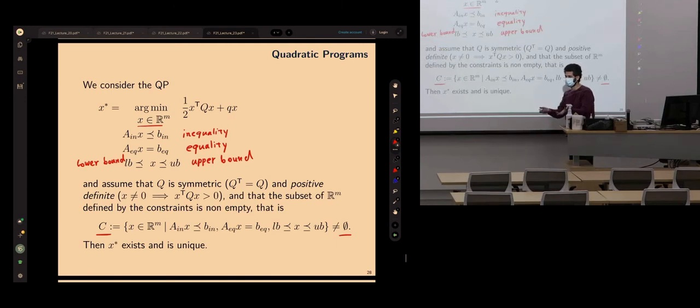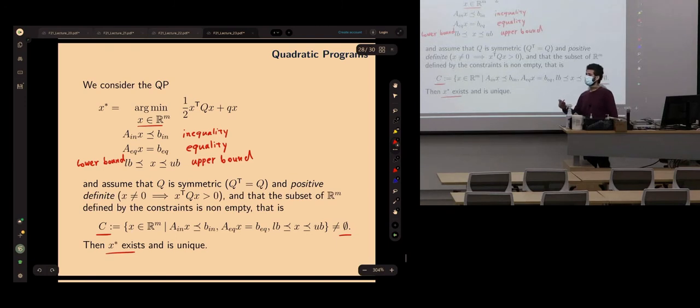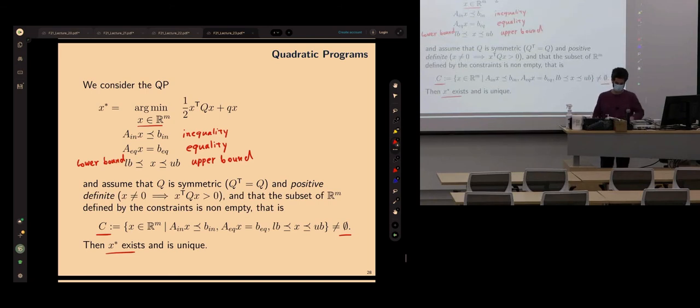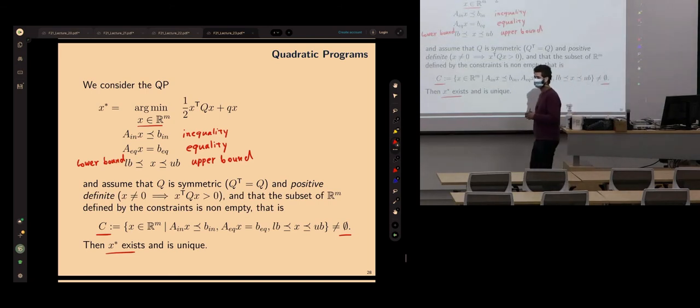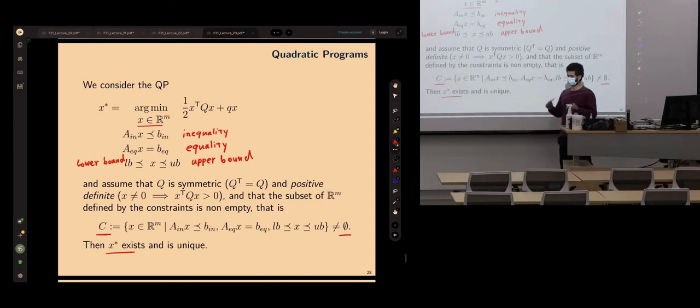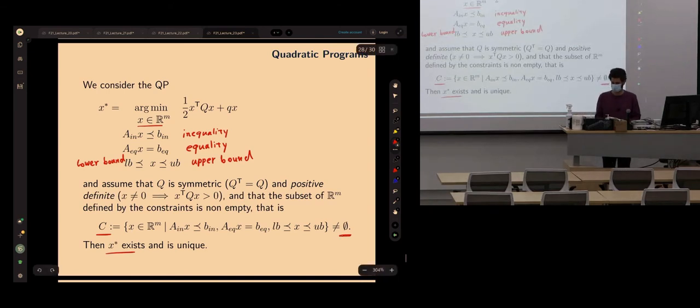There's at least one point there. Then the solution exists and it's unique. We can solve it and find the solution uniquely. So that makes quadratic programs very nice. Whenever you have a problem that is formulated as a QP, you can solve it using a QP solver, and if the solution exists, that means the set considering all the constraints is non-empty, then it will be unique.